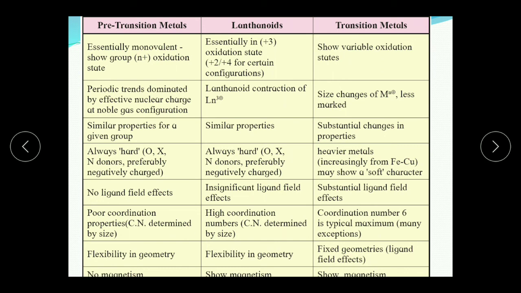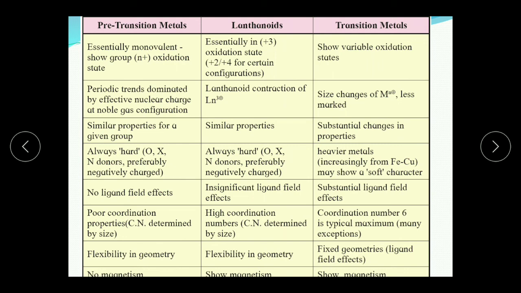While lanthanides show lanthanoid contraction. And for transition metals, that is d block elements, their size changes, and transition metals also show variable oxidation states. So in periodic trends their size changes, and because of that they show variable periodic trends.